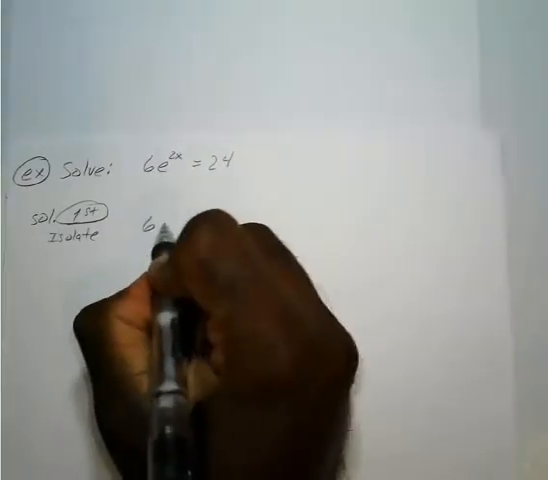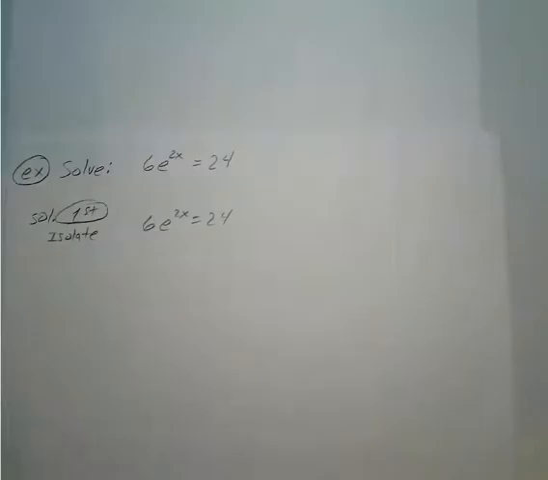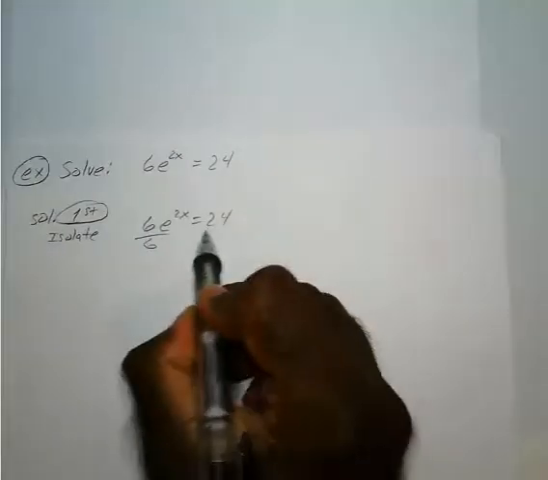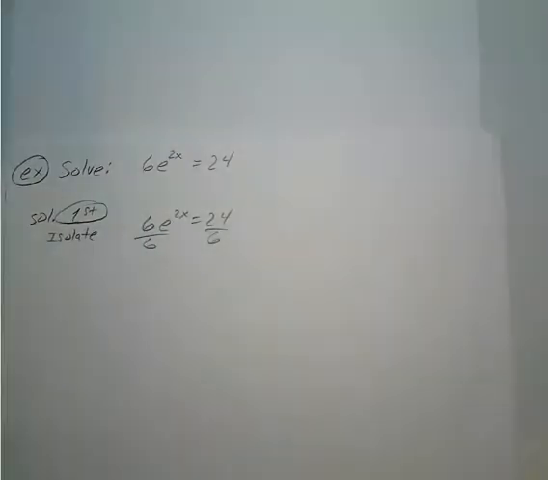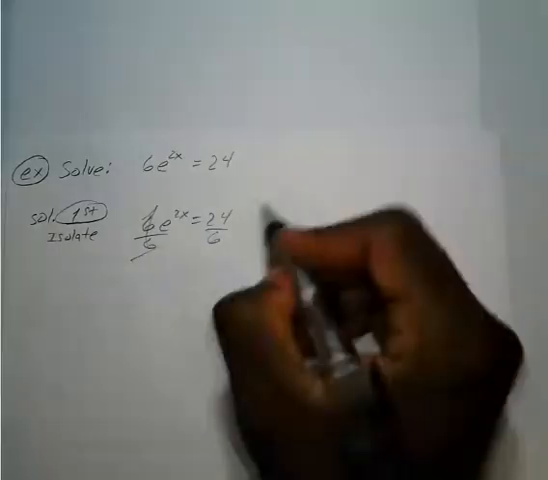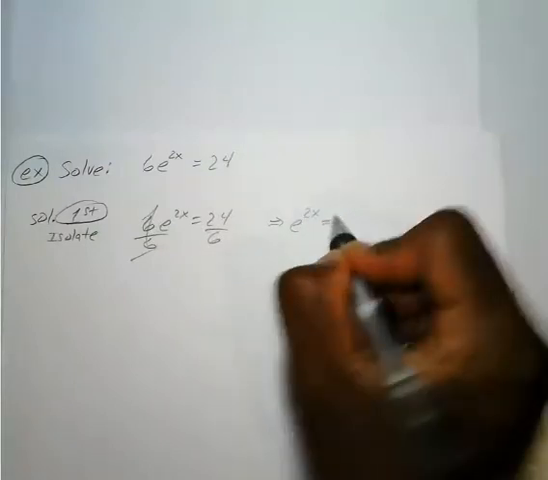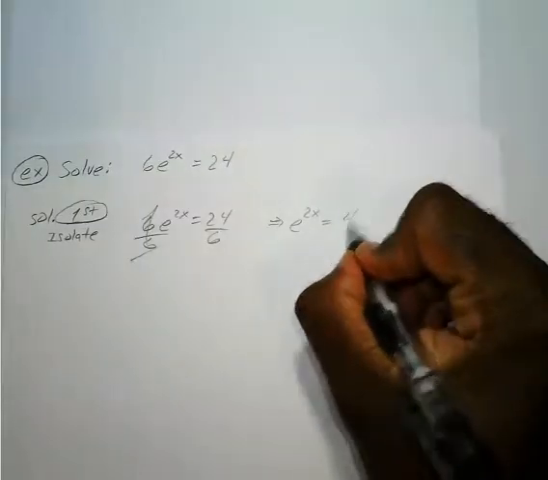So if you have 6e to the power of 2x equals 24, we're just going to divide both sides by 6, where anything divided by itself is just 1. So you have e to the power of 2x equals 24 divided by 6, which is 4.